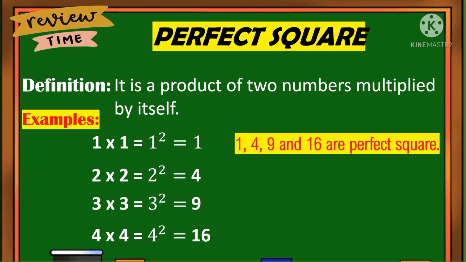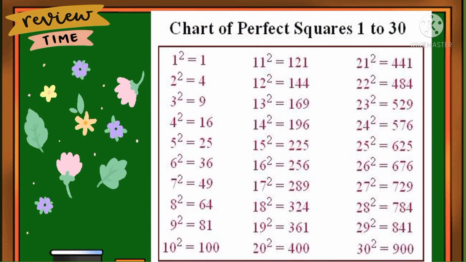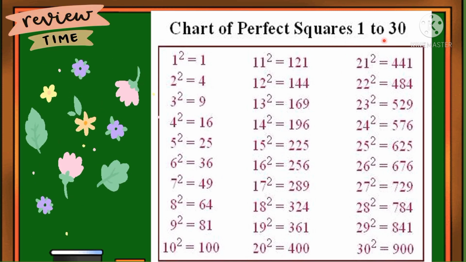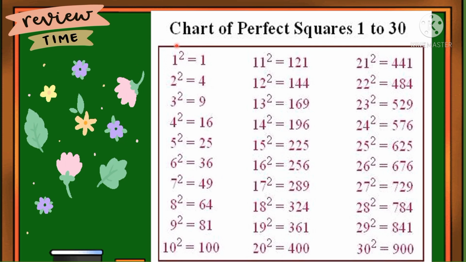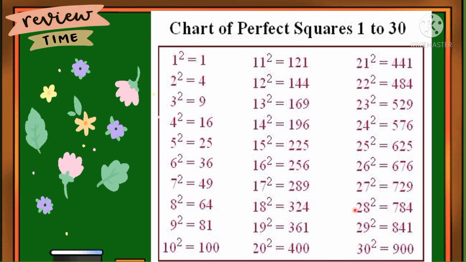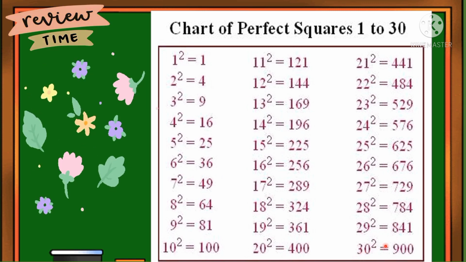Okay? So now, let us study the chart of perfect squares from 1 to 30. If you can see, we have 1 squared here up to 30 squared. Ibig sabihin, 1 times 1 hanggang 30 times 30.